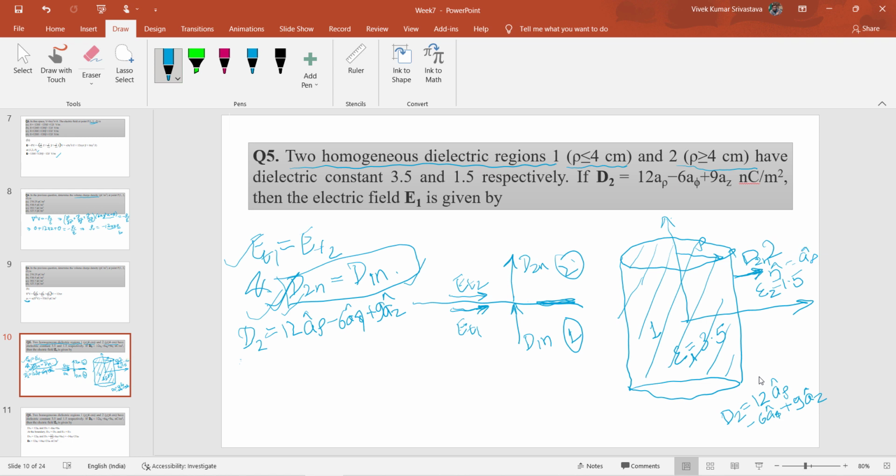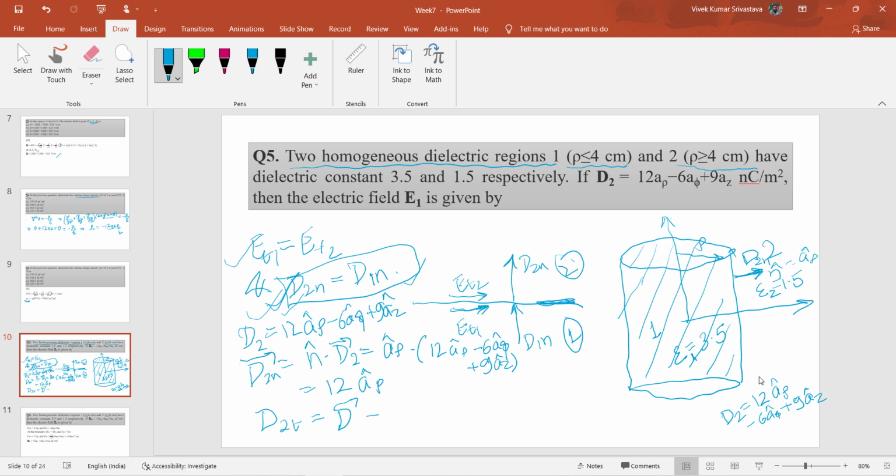So D2n will be equal to n dot D2, and here n is a_rho, dot 12 a_rho minus 6 a_phi plus 9 a_z. So the normal component of displacement vector in region 2 is 12 a_rho.